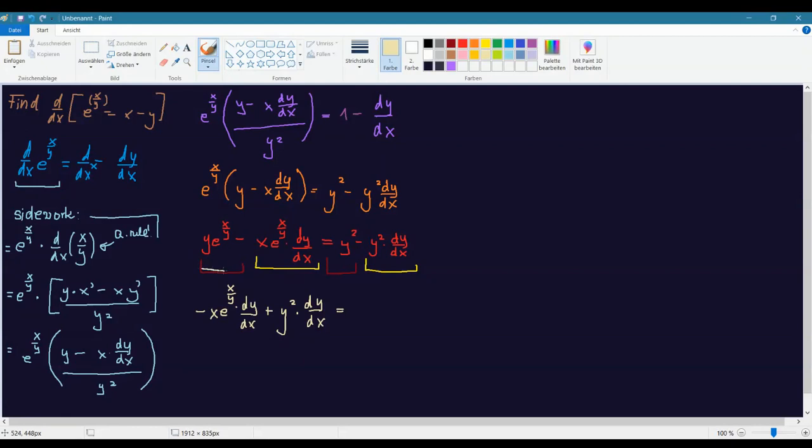So we're actually going to end up with y squared minus y times e to the x over y. Okay, so now we've got them on one side, but they aren't alone. We can't solve for them yet.